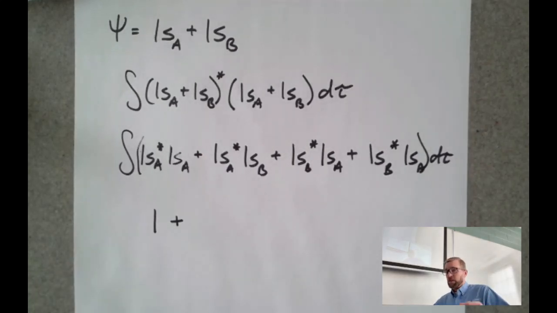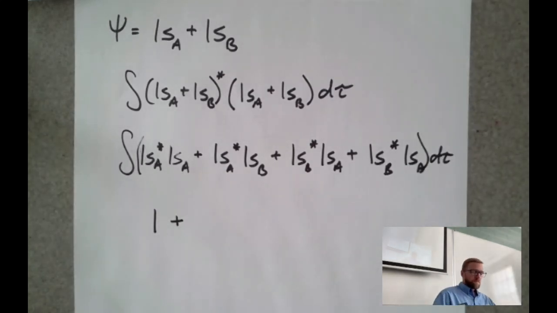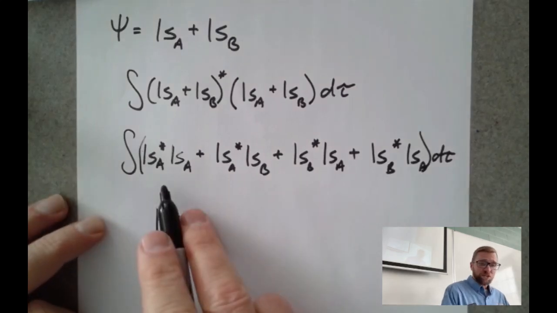You can use an unnormalized one if you want. I chose to use a normalized 1s wave function. What are you using, Aiden? You're using a normalized one? Yeah. Why? Because that integral is 1.